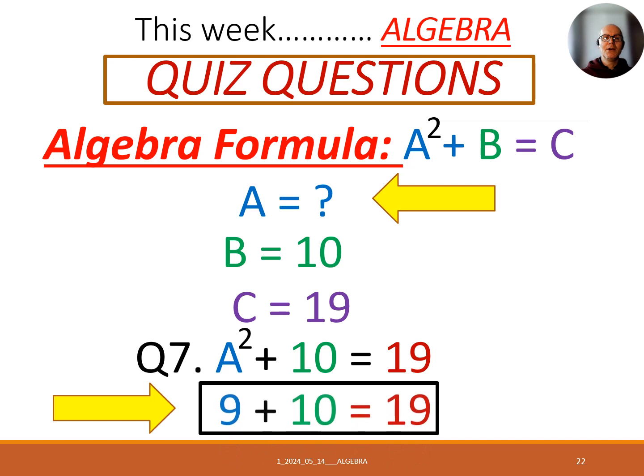So this is true when A equals 3. 3 squared, which is 9, plus 10 equals 19. 9 plus 10 equals 19. So A equals 3. 3 squared plus 10 equals 19.